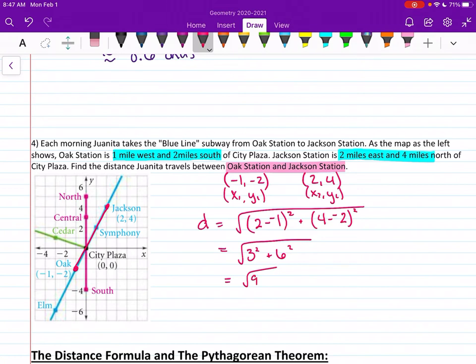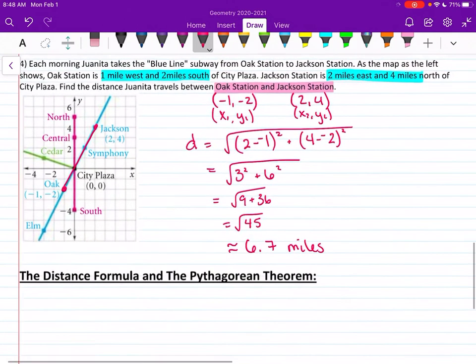So I get the square root of 9 plus 36, or the square root of 45. When I do this one, we're talking miles. You don't need to talk about miles in simplest radical form, so we can just plug this into our calculator. And we get approximately 6.7 miles.